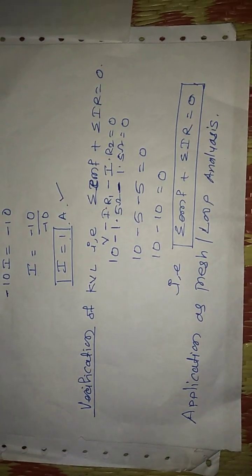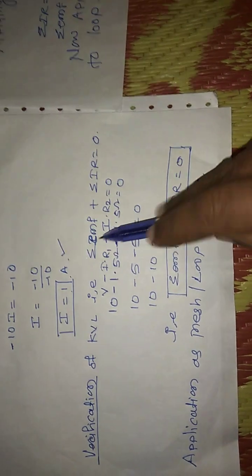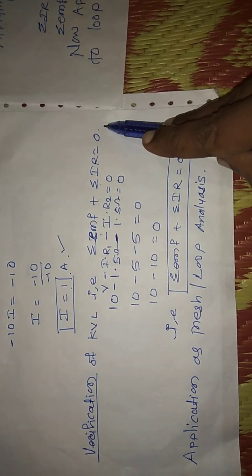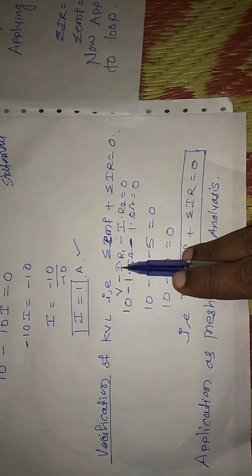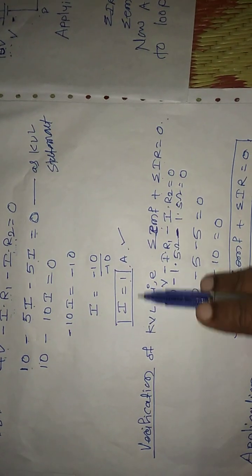But how can it be measured, or how can we verify the particular KVL? So we know that summation of EMF plus summation of IR is equal to 0. Put down the particular values. Now we know the value of I is calculated as 1 ampere.